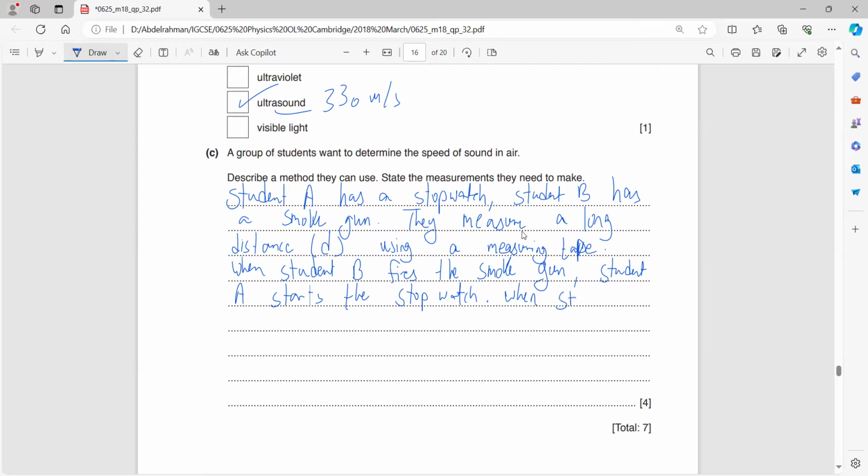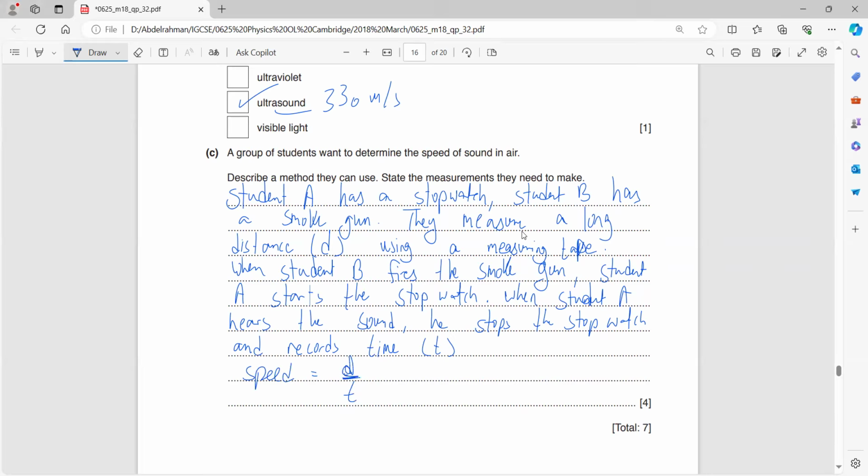When student A hears the sound, okay, he stops the stopwatch and records time t. And then I can calculate speed equals distance over time. That's it.